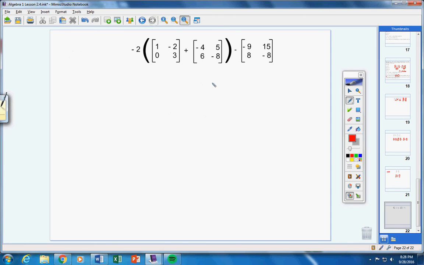Now this one will be a lot more complex. Notice I've got brackets here, parentheses here. So I'm going to start inside the parentheses and add these two matrices first. So I'm going to bring down my negative 2, put my parentheses, and then I'm going to add these two matrices. Okay? So I brought down my negative 2, brought down my parentheses.